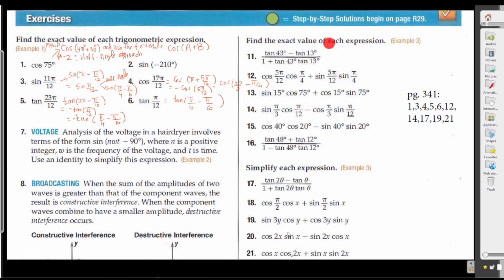Alright, let's do this one. Tan 43 minus tan 13 over 1 plus tan 43 tan 13, that's same as what?